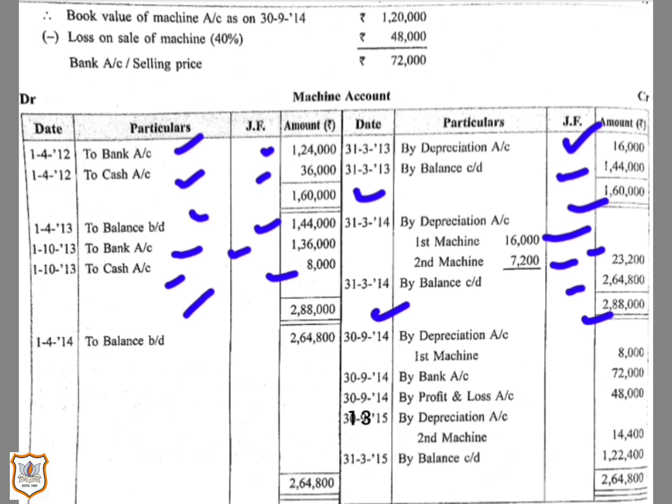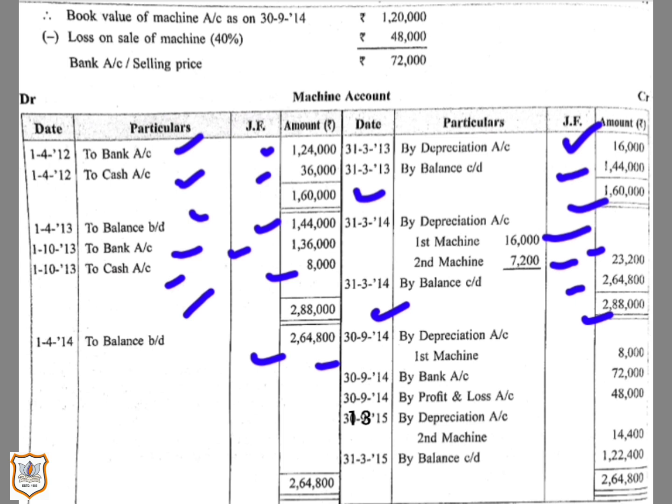That is the closing balance at the end of the second year, which will be transferred to the next year. So here we will write to balance brought down 2,64,800. That will be called the opening balance in the year 2014 to 2015.